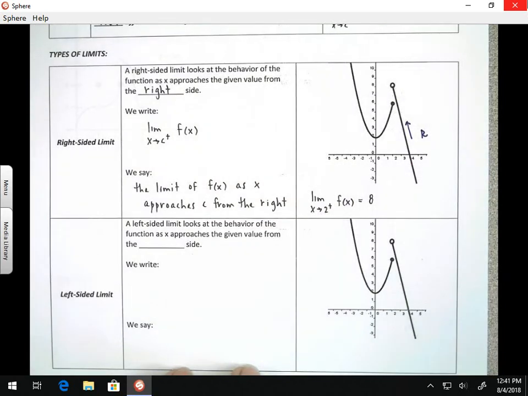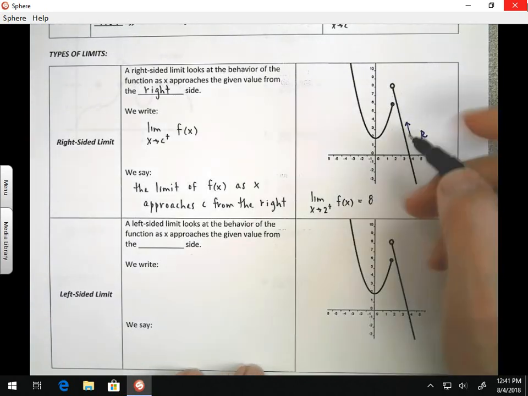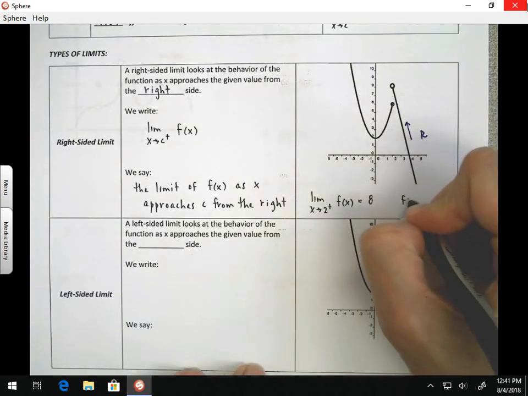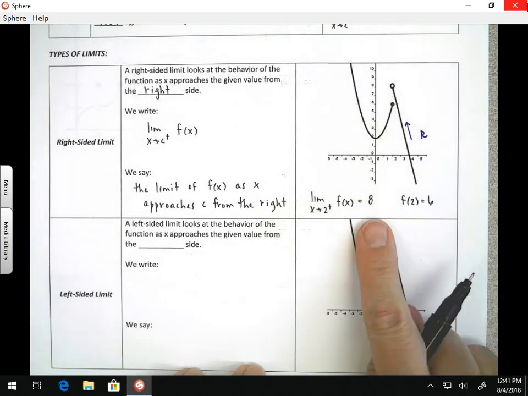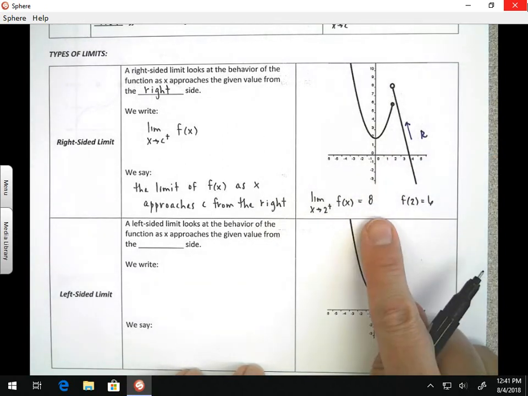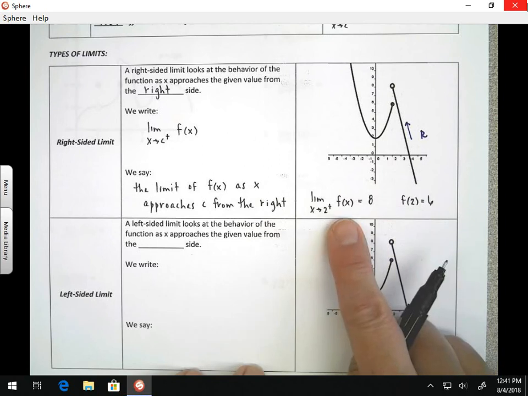So that's the value of the limit, because that tells me what my function is doing really close to 2. Now remember, the actual function value, f of 2, is 6, and that's okay. The limit and the function value may be different values. That function value does not impact the value of the limit itself.